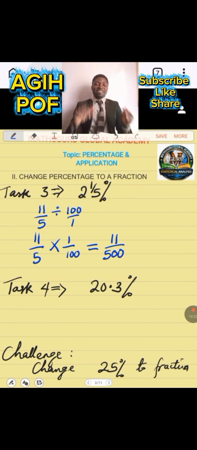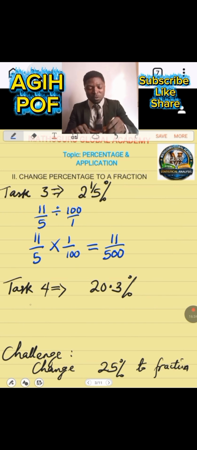All right, let's take the fourth task. 20.3% to be converted to a fraction. Remember, when we have percentage to be converted to a fraction, we divide it by 100.